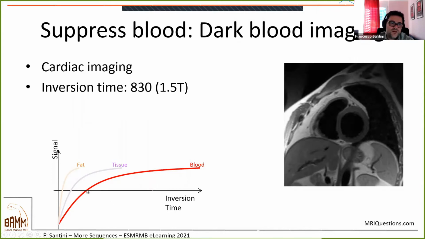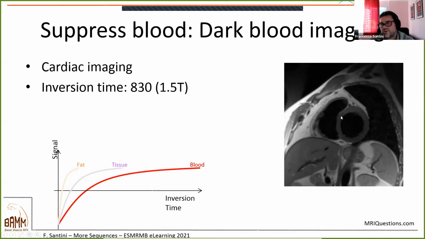Usually we use a trick to avoid losing signal from the tissue, which is we actually do 2 inversions. We don't just do an inversion and then acquire, but we do a global inversion pulse that inverts the signal everywhere. And then we do a localized inversion pulse that only inverts one single slice that we want to image.